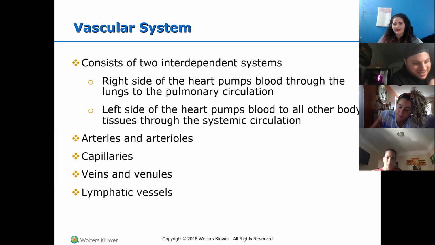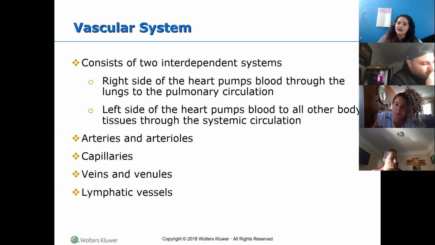Right-sided failure is pulmonary. It's the opposite for heart failure. The easiest way to do it is to remember the right side goes to the lungs, left side goes to the rest of the body. Then when it says right or left side heart failure, you'll know what you're looking at.